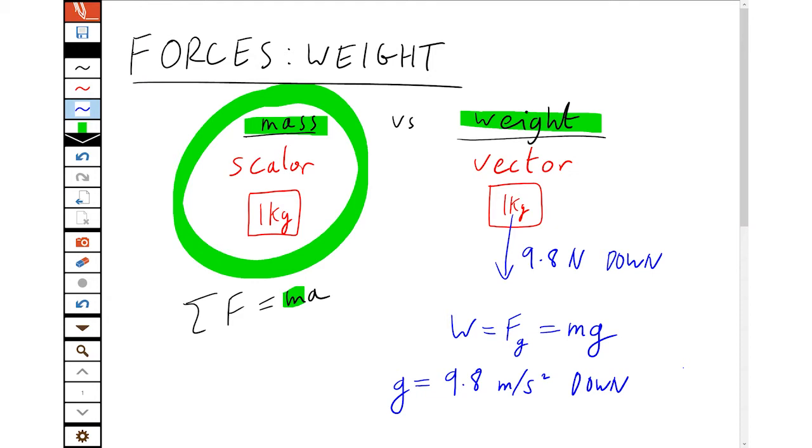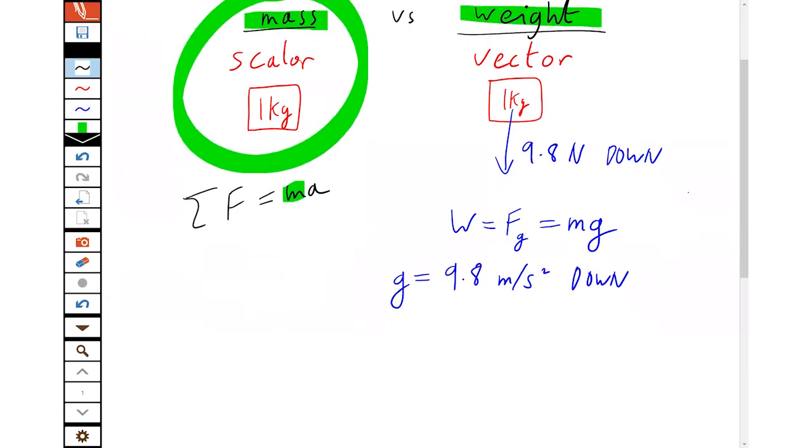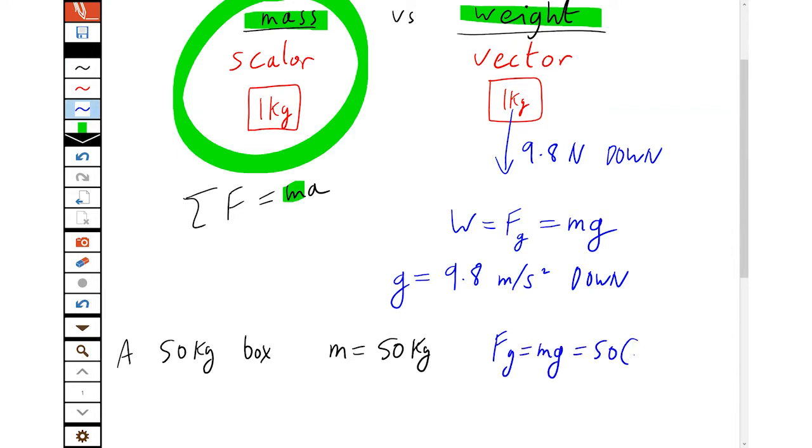Now you'll notice there, mass and weight have different units, so you'll want to watch out for that when people mention it, because they'll just say something like a 50 kilogram box. Well, if that's 50 kilograms, then the mass is 50 kilograms, and the weight we'd have to work out by multiplying by g. So that's 50 times 9.8, which is 490 newtons.